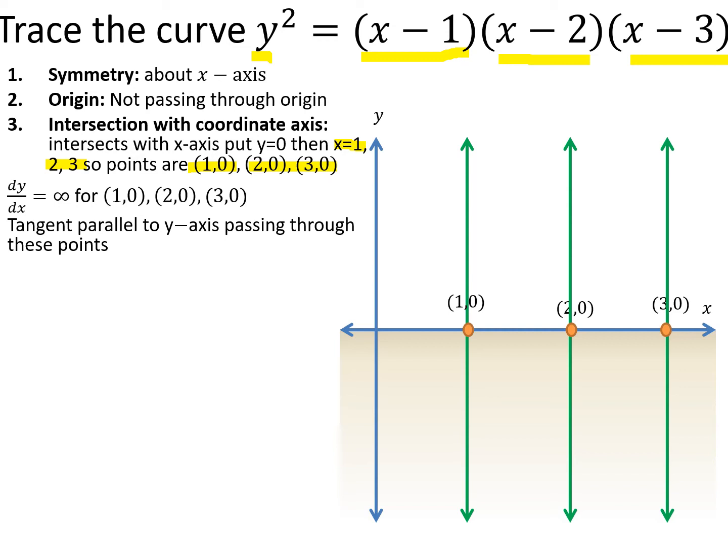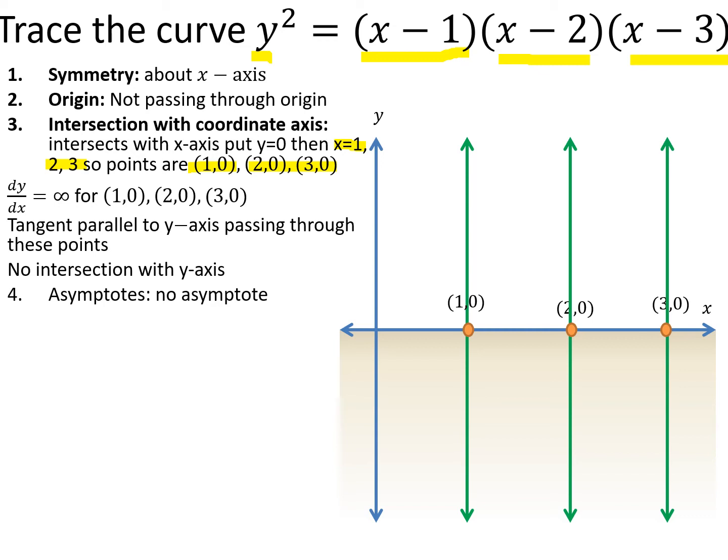Okay, now come to the fourth point, that is asymptotes. For asymptotes, we have to find the highest power of x and the highest power of y. To find asymptotes parallel to the x-axis, we open these brackets and multiply, and we can see that the highest power of x is 3 and the x cube coefficient is 1, which can't be 0.